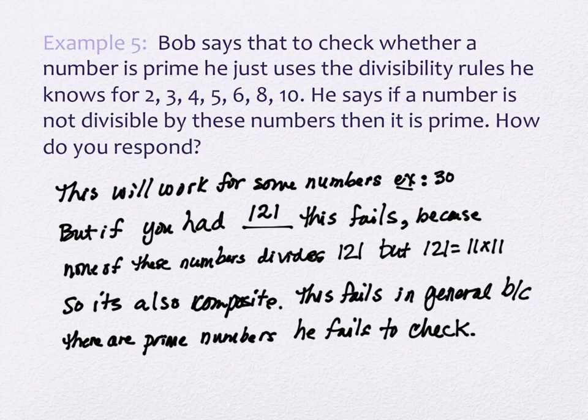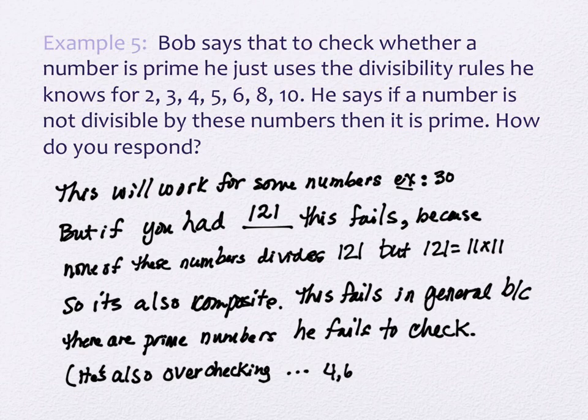And so this is not exactly answering the issue here, but it's probably at least worth noting he's also over-checking some values. What numbers does he not need to test from this list? 6. What else? 4 and 8 and, yeah, 4, 6, 8, 10 are not necessary to test.